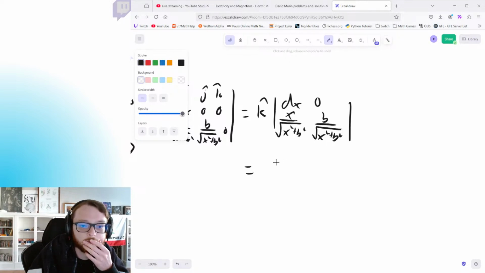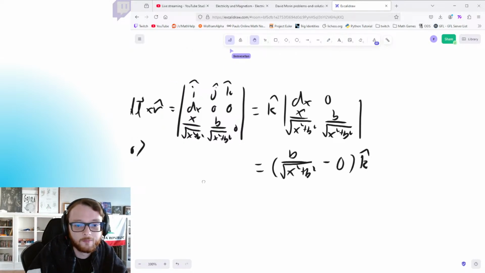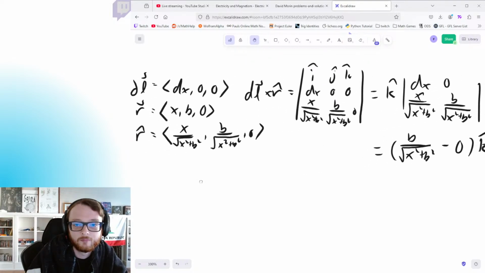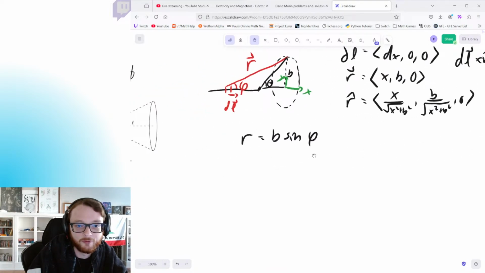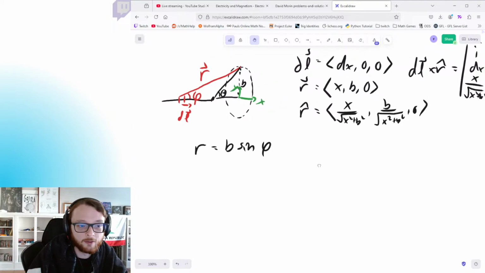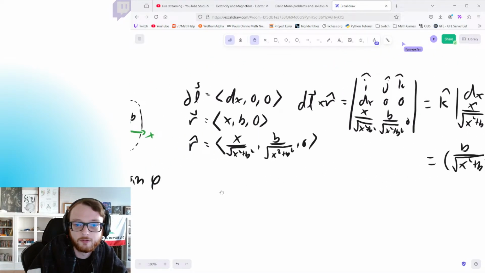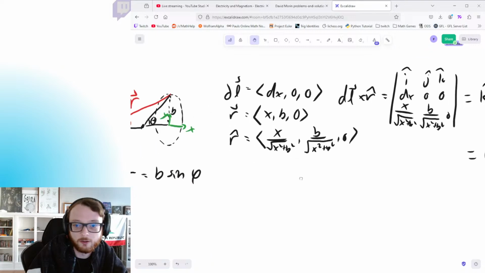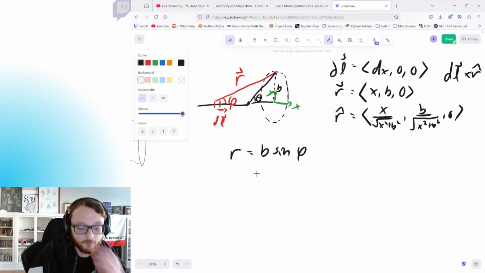Yeah, I think so. And as we integrate along the wire, every little piece will just give us a Z component. Well, that's just what you just showed, isn't it? You did the DL cross R. So as X varies, this is what we get. I was expecting it to flatten out in some way, or get a little angled, or some kind of J component, but okay. I guess we're good.